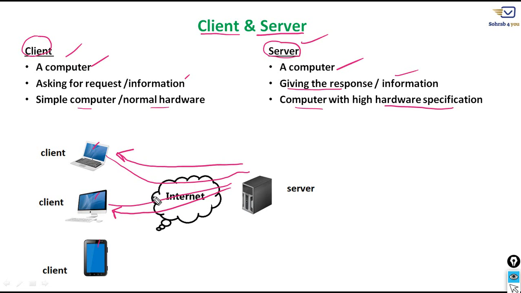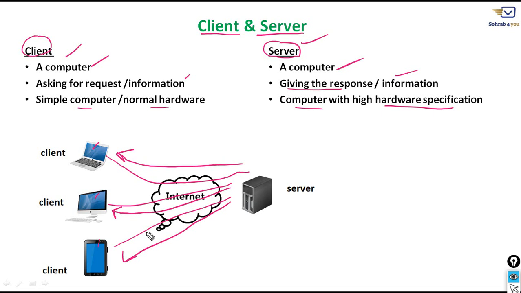Remember, all this stuff is working at the back side. You cannot see it. Send a request and get a reply. So simply, client and server are both computers. The client asks for requests and information from the server, and the server provides information and responses to the client.